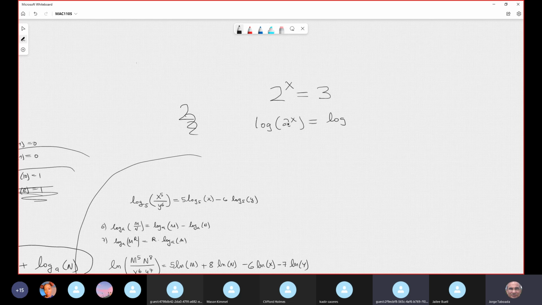What kind? Standard, maybe log or ln, because it's the logarithm that we can put in the calculator. And so you apply property number 7, and property number 7 allows this x to go to the front as a factor.